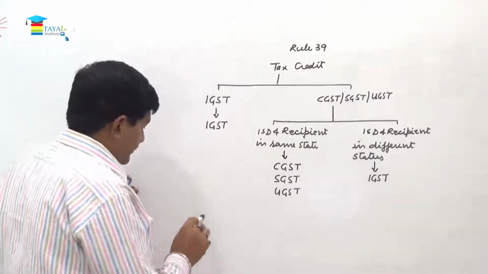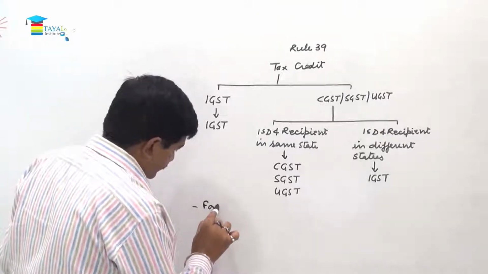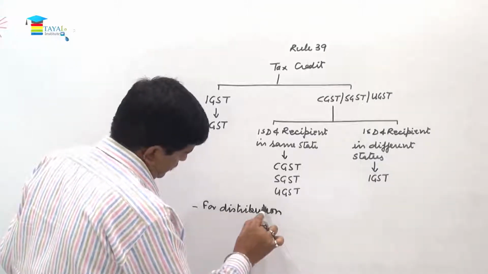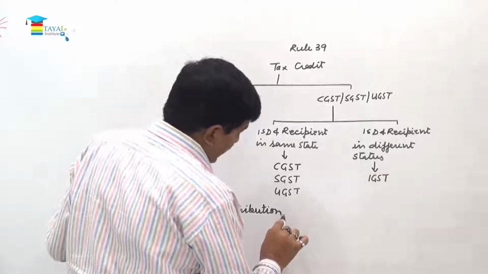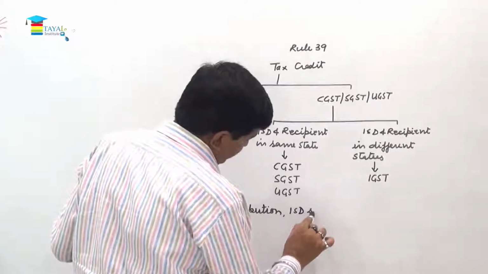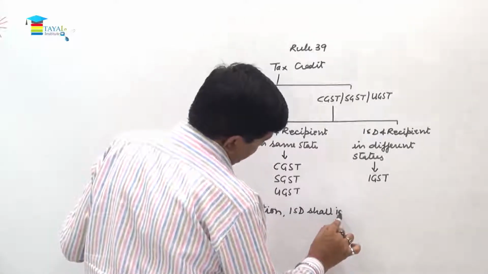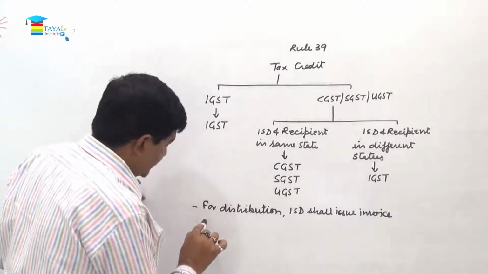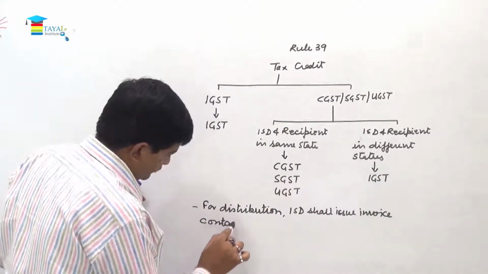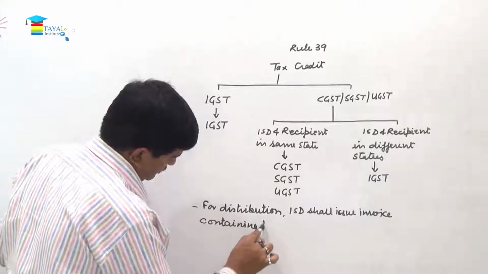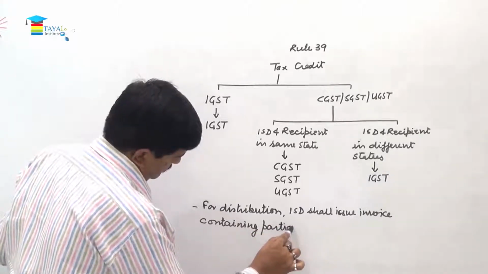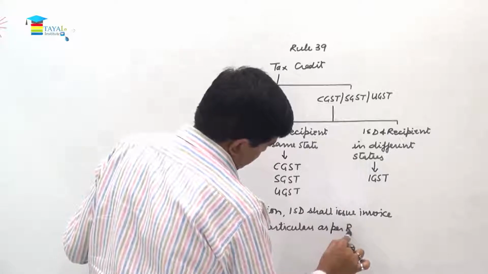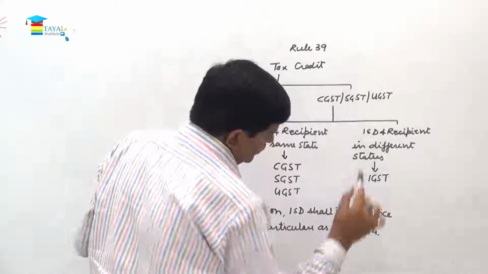And for transfer, or rather for distribution, ISD shall issue invoice containing particulars as per Rule 54.